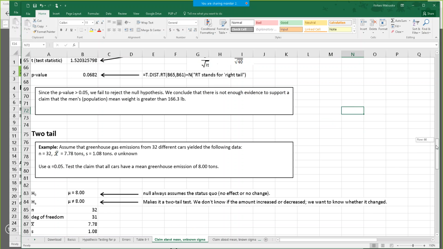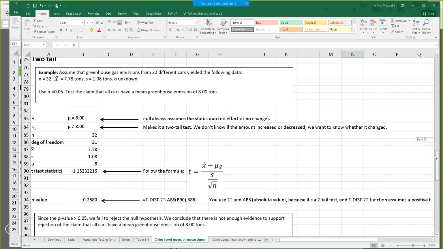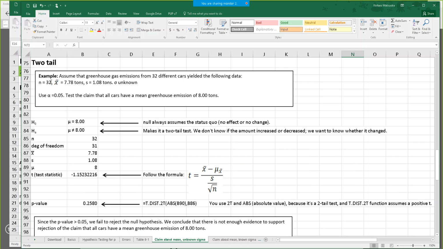Alrighty, let's look at two-tail. Similar thing. Test the claim that the mean greenhouse emission is 8.00. It doesn't say anything about less than 8.00 tons or greater than 8.00 tons. It says equal to, or it's implied that it's equal to. So then the alternative would be not equal to. Okay, so do all this, test statistic.